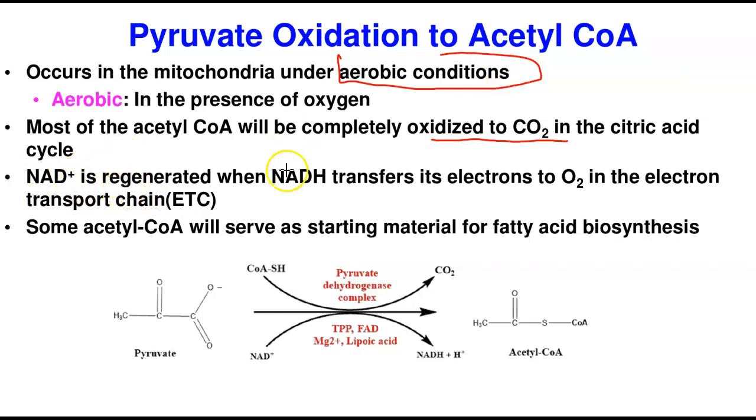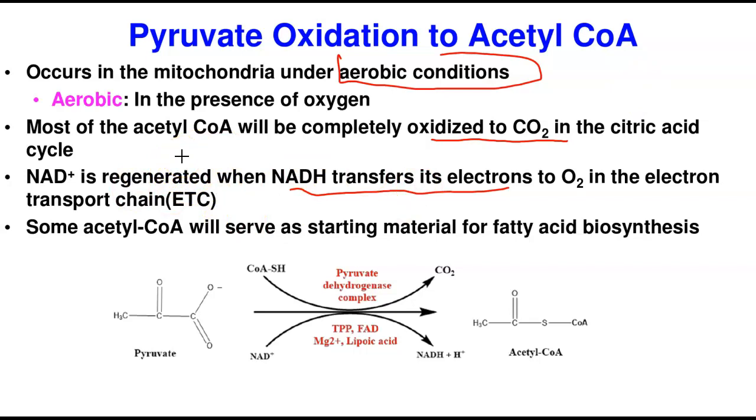So the NAD+ is generated when NADH from both the citric acid cycle and other pathways like beta oxidation are reoxidized by the transfer of electrons to oxygen. So it now regenerates NAD+, which goes back to make sure that glycolysis continues.